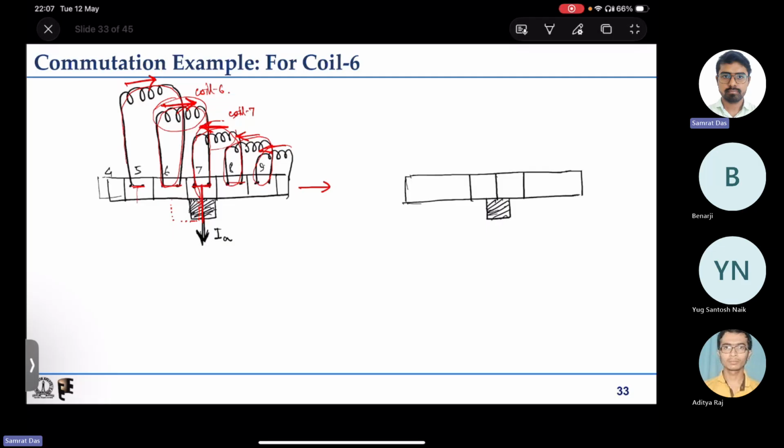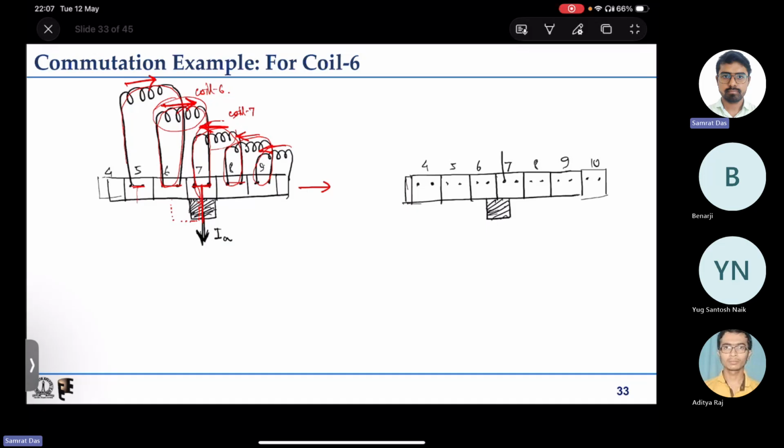So the seventh one goes forward, the sixth one remains here. Then you have the fifth one, you have the fourth one, again you have the eighth one, the ninth one. If you want, you have the 10th one. Now the coils remain the same. These are the two terminals of the coils. The connection also remains the same.